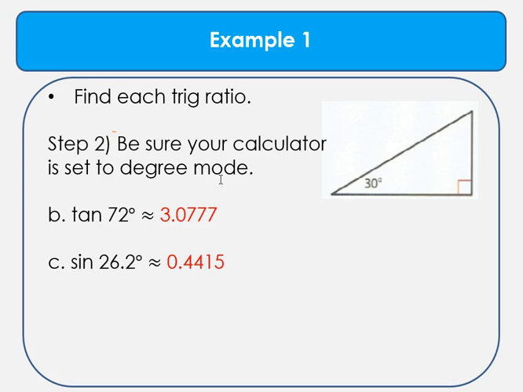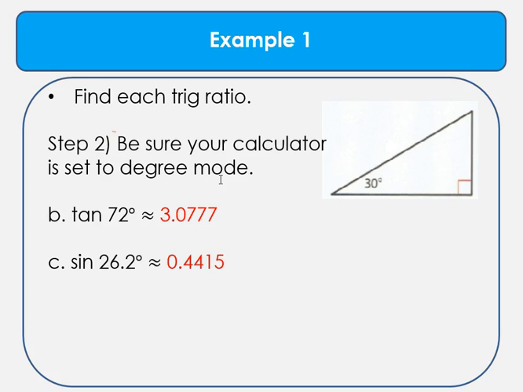And if you don't know how to do that right away, I know on my calculator, next to the second button, if I push second DRG, that takes me to radians. If I push second DRG again, it takes me to gradients. If I push second DRG again, I'm back at degree. And it's very easy to push those buttons in error, so always check that you're at degree when you begin these problems.